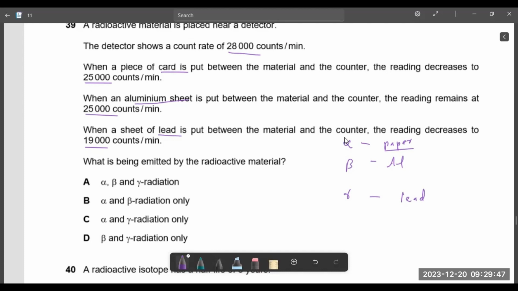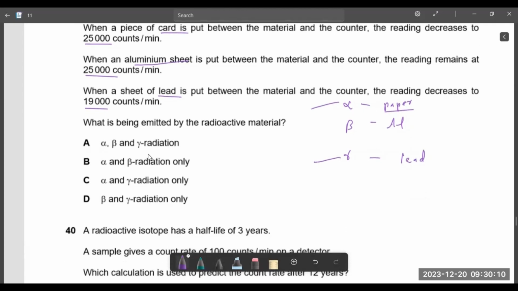When we put in aluminum, it is not being reduced, so beta particles are not there. And when we put in lead, it is again reduced. So it contains only alpha and gamma. Beta is not there. So the right choice is C, alpha and gamma radiation.